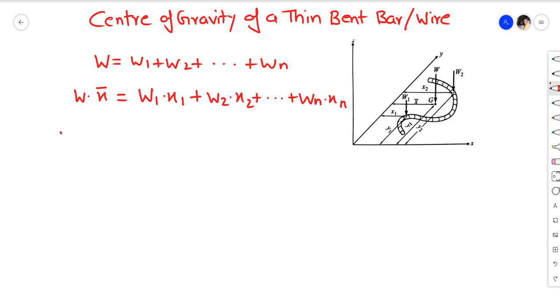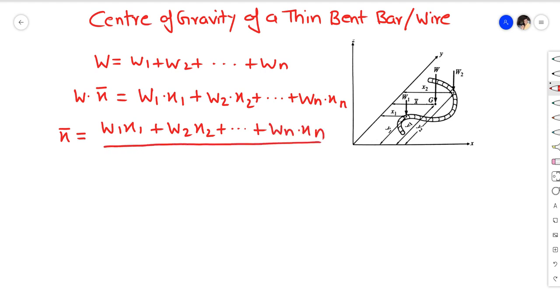Okay, so we can write x bar is equal to W1 x1 plus W2 x2 up to Wn into xn by W. So W we can write as W1 plus W2 up to Wn. Either you write W or W1 plus W2 plus Wn, there is no difference. So I am writing directly W1 plus W2 up to Wn.